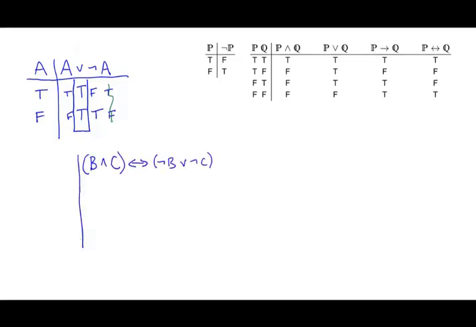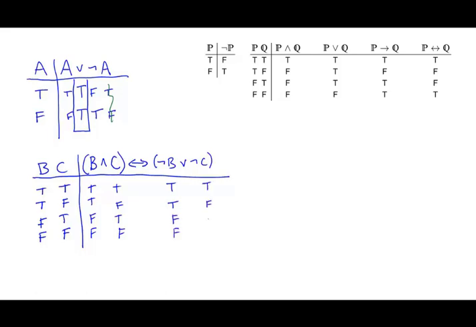Here's a formula that has 2 distinct basic components, B and C, so it's going to have 4 rows in the basis columns. And if we copy the basis columns over very quickly, you'll notice that the main connective is here, the biconditional. We can easily calculate the values on the left side of the biconditional with the conjunction B and C, where they're both true.